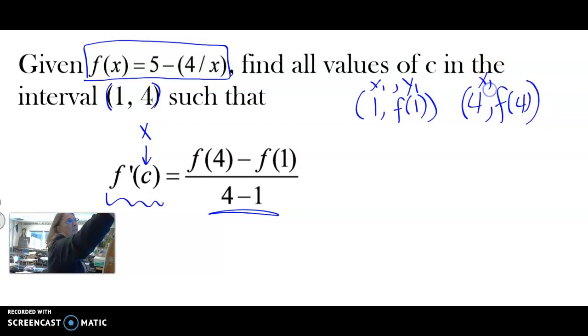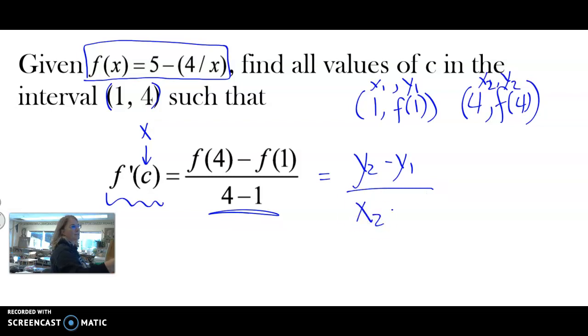This is my second point, so I'm going to call it x2, y2. So this is just the slope we were talking about back in Algebra 1, when you wrote slope like this, the same thing just in function notation. So this is my change in y, and this is my change in x, and so it's the average rate of change, or the slope of a secant line, and this is the slope of a tangent line.